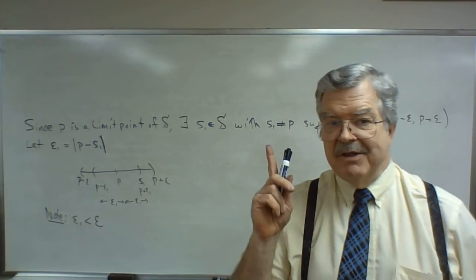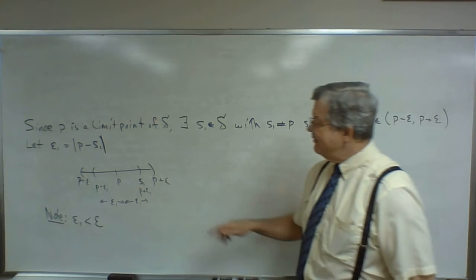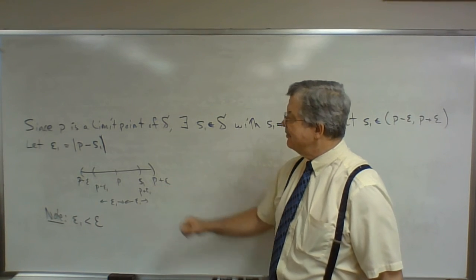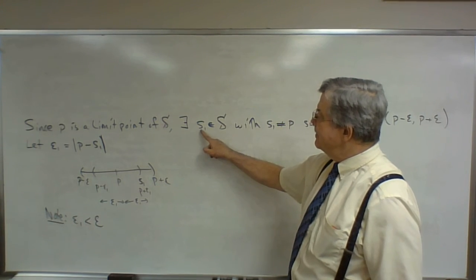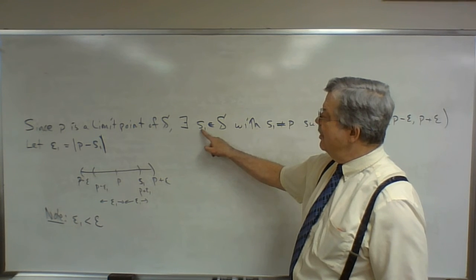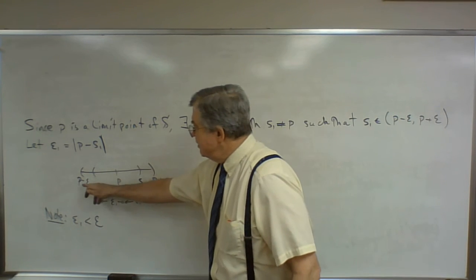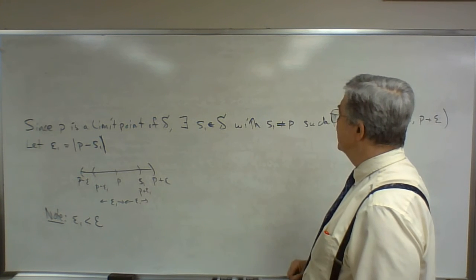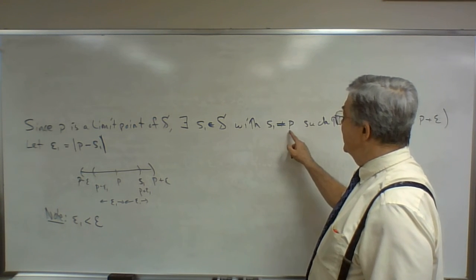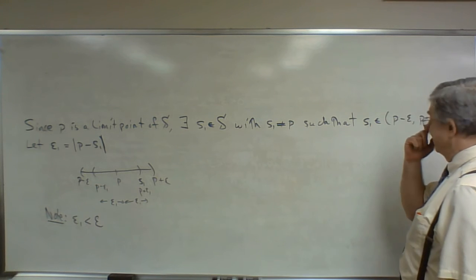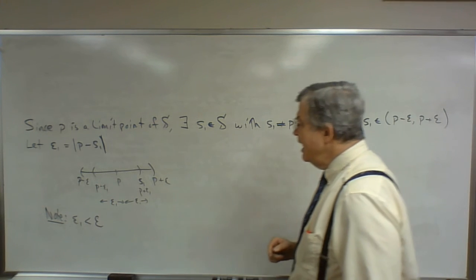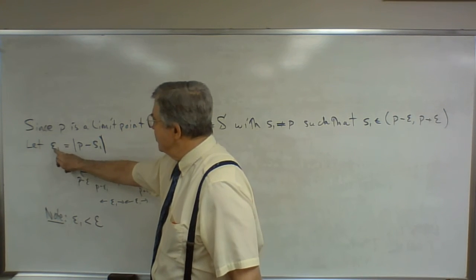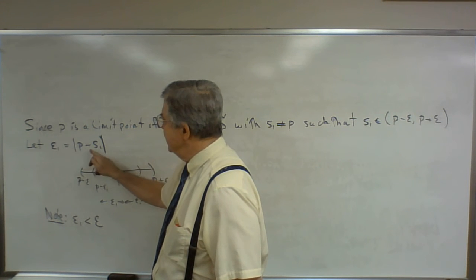And before I erase too much more, let me modify the picture that I drew. S1 is a point in the interval P minus epsilon, P plus epsilon, where S1 is not equal to P. And we're letting epsilon sub 1 equal the distance from P to S sub 1.